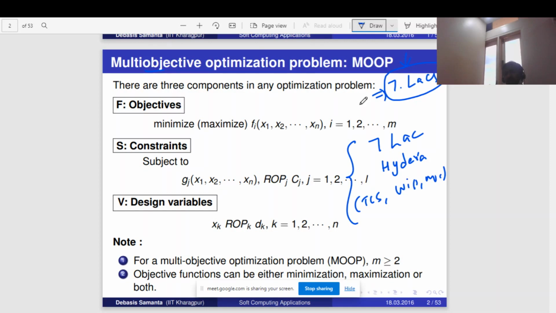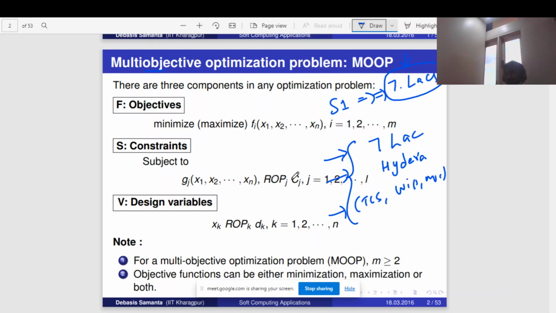The first student has only one objective, the package. But this student has 3 objectives: the package should be more than 7 lakhs, the place should be Hyderabad, and the company should be from this list. This type of thing is called multi-objective functions.